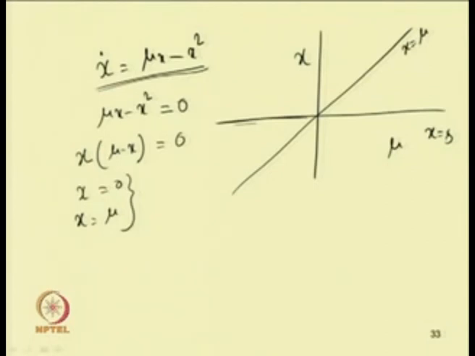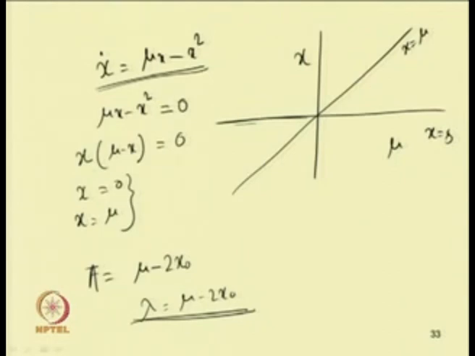So, by finding the first derivative, our Jacobian matrix A becomes mu minus 2x. Corresponding to the equilibrium position, this is equal to mu minus 2 x0. So, our lambda becomes mu minus 2 x0, corresponding to different values of mu.